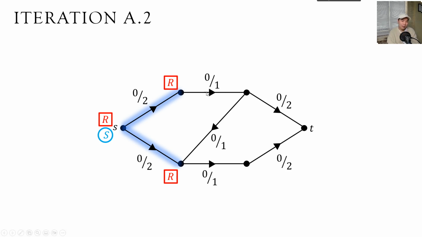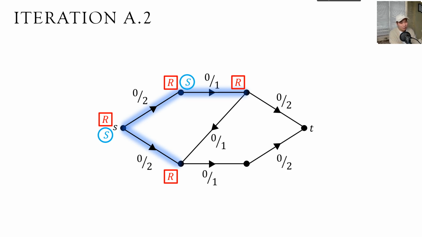Well, here 0 is less than 1, so I can include that. Therefore, I can reach this next vertex. And then that's my only edge. I've checked all of my edges already. I don't need to go backwards because I don't care about the neighbors that have been searched or reached already. So now I can add this to S. All right, so we've completed our second iteration.